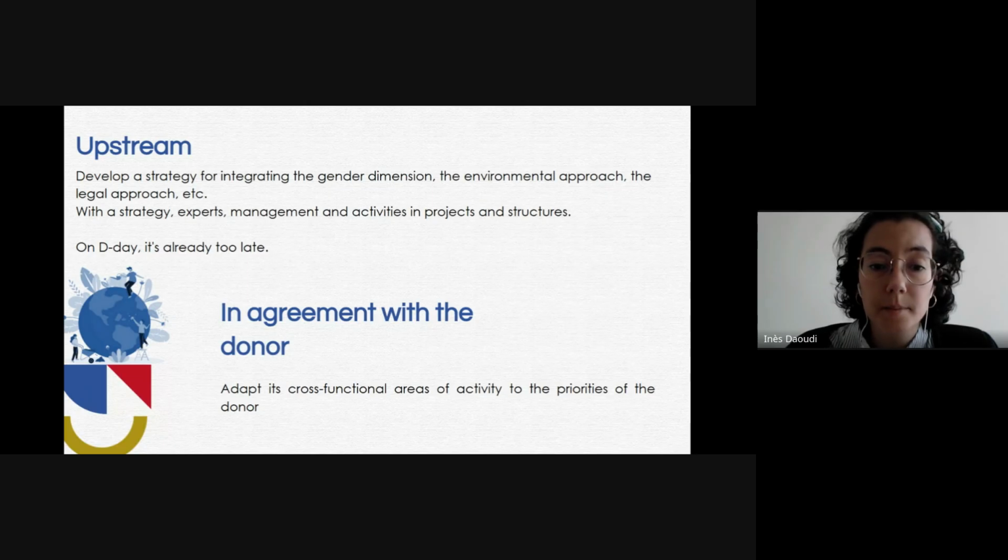You can also adapt the project if needed to better reflect the donor's priorities. Use also the donor's language with the key terms to describe the priorities and the objectives. So all of these are advice that you can take into account for your proposal.